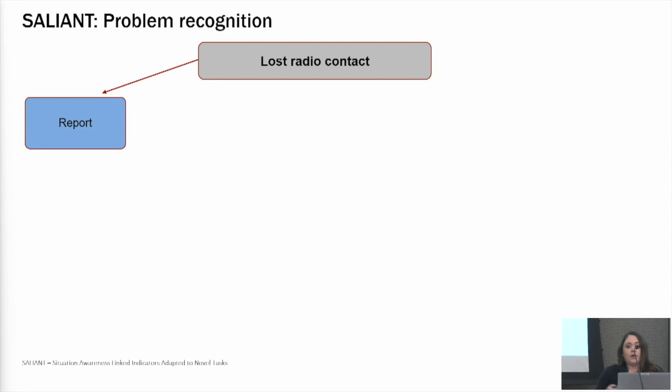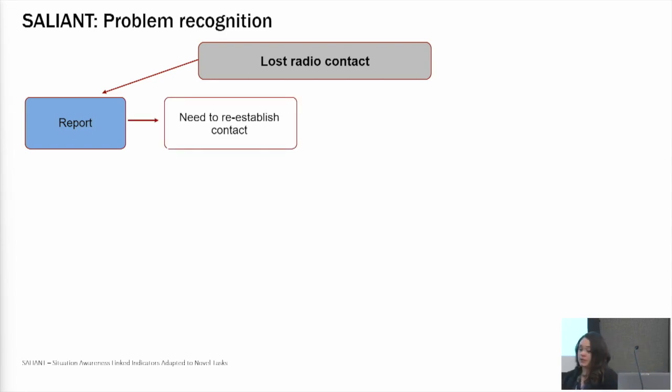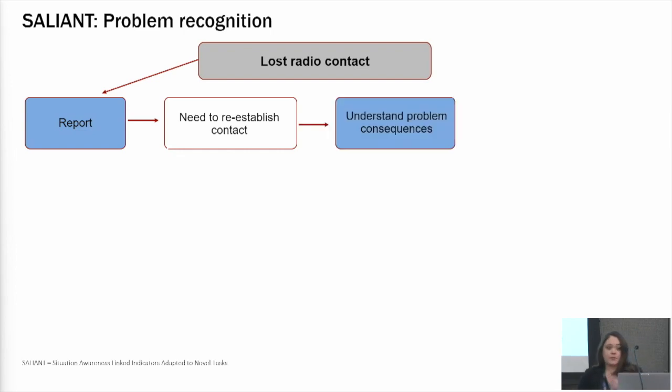At that point, say the team realizes and agrees that they need to reestablish contact. They have decided that this is a problem, and it's a problem that has severe enough consequences potentially that they need to address it through some action. So demonstrating that they understand the consequences of the problem would be another behavioral indicator that we would look for using the SALIANT procedure.